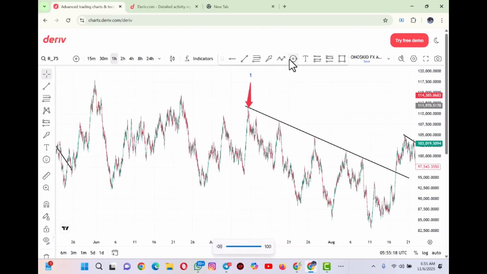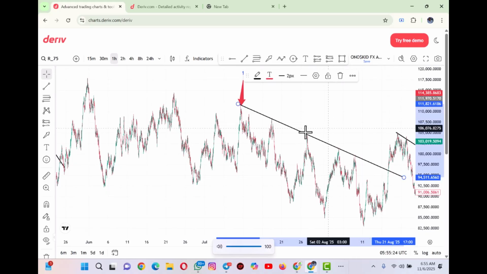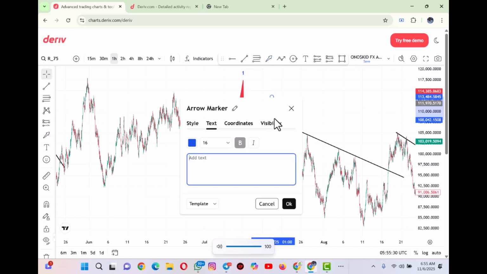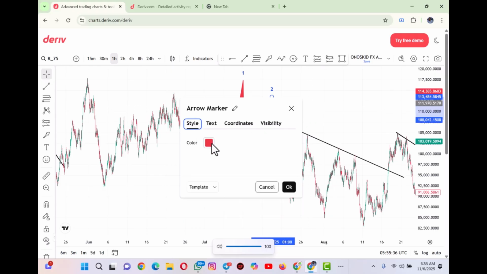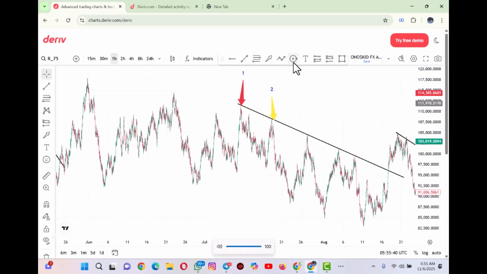All right, that is our first touch. This is our first touch, and our second touch is here. This is our second touch, and our third touch is here.